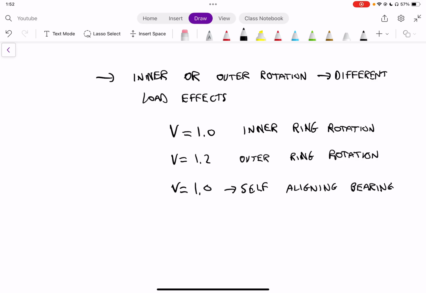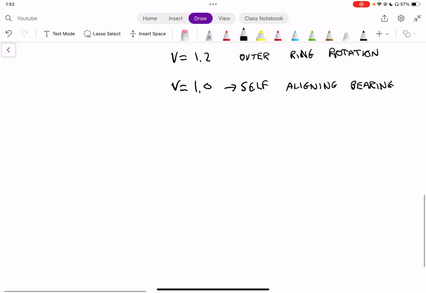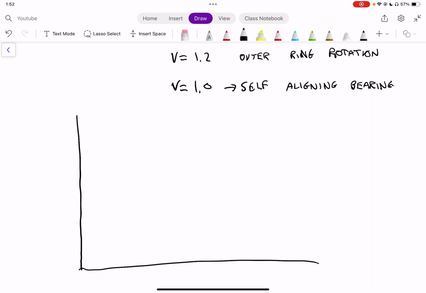And what we can come up with is a graph showing the correlation between your F equivalent and your F radial, essentially. And what we're going to find is we're going to draw a graph. So we're going to draw, based on experiments, a graph of FE over VFR.